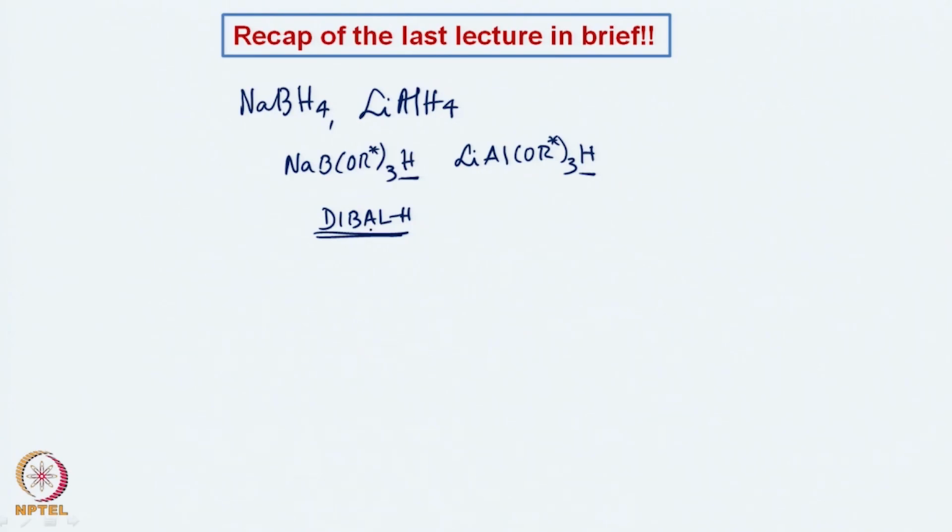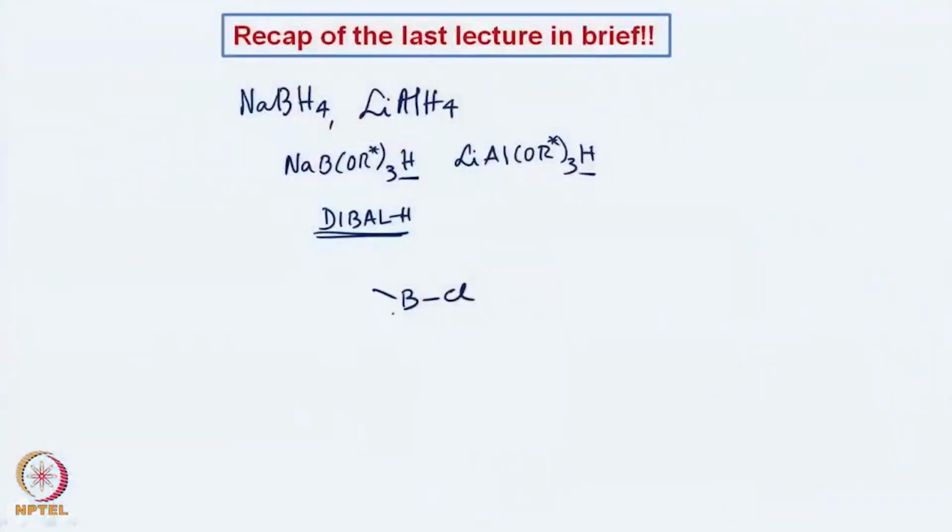And like that we saw another reducing agent which was derived from alpha pinene, which had a boron and a chlorine, and then of course a part of R star here, which led eventually to the reduction of the ketone, and of course the alpha pinene comes out from the reaction of this particular reducing agent.